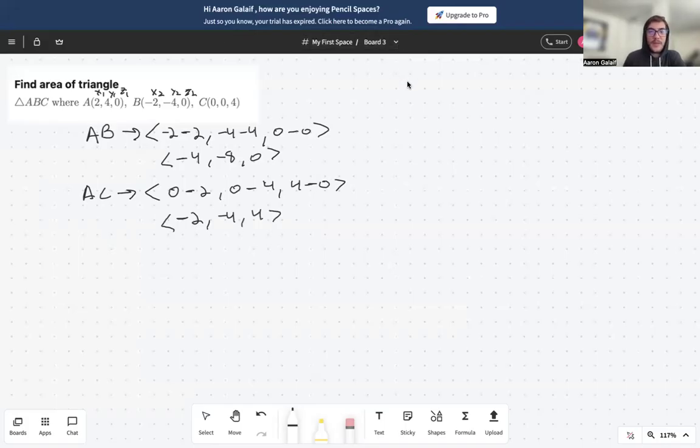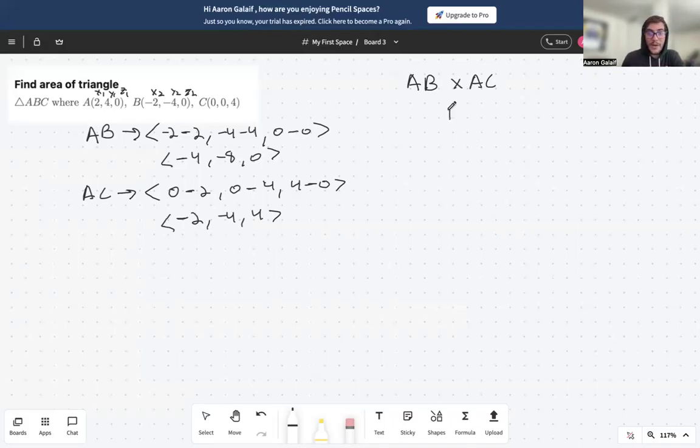Next, what we need to do is find the cross product of AB and AC. In order to find this cross product, we're going to use a matrix method, and we're going to find the determinant of that matrix.